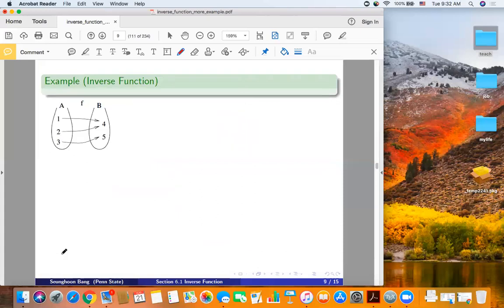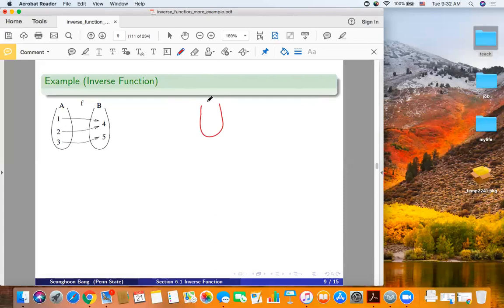Here, does the inverse function exist or not? What do you think? Does the inverse function exist or not? No. You're right, thanks. So here, we have an inverse relation.